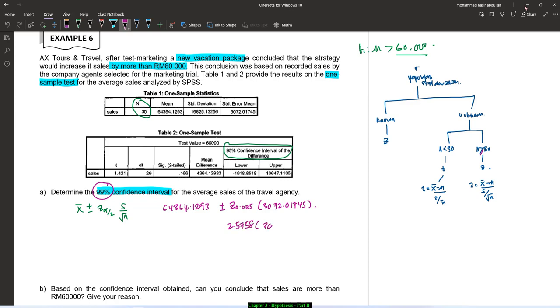So 2.5758 times 3072.01745, plus minus 64,364.1293. So can you calculate for me what is the lower confidence limit and what is the upper confidence limit? Make sure you calculate correctly.